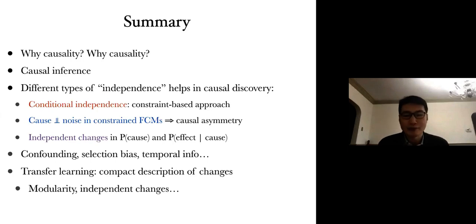So in all those problems, it seems that the causal view provides some useful guidance as to how to solve the problem, because eventually you want to find a compact representation of the changes in the distribution. And this is something like modularity, right? Modularity tells you that all those modules are independent, and they change independently. And finally, you can find a good representation of the change of the distribution, and then you can make good predictions, even in those very complex situations.